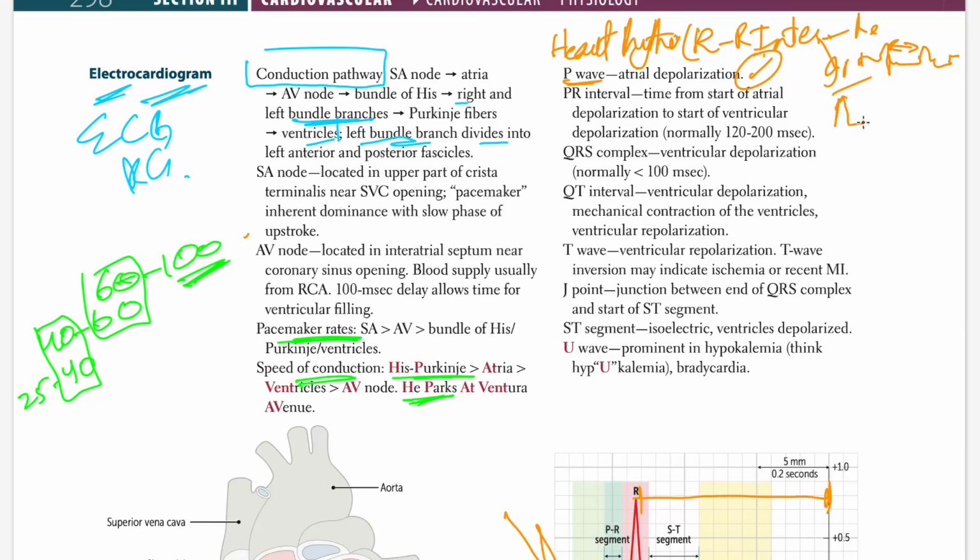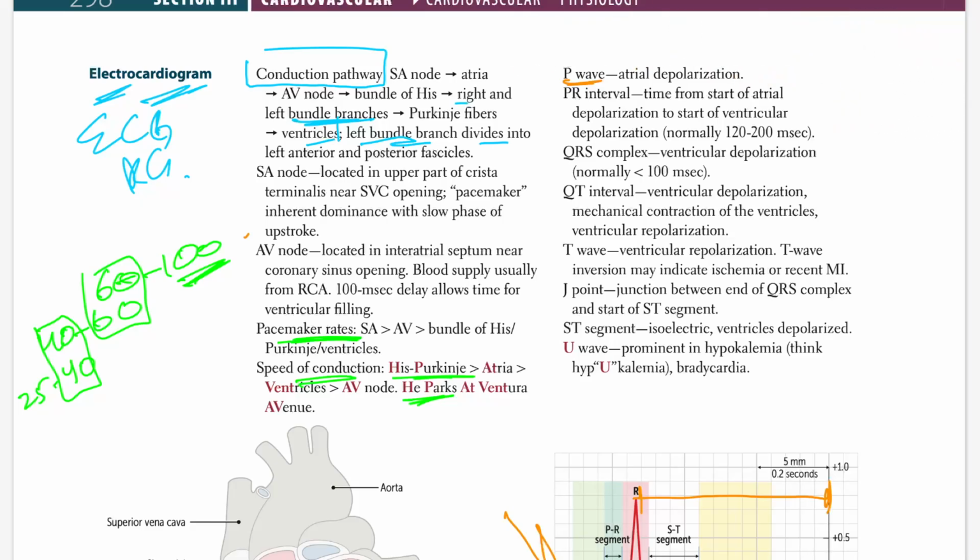Let's say one R is here, the other is here, the other is right away. So it's different, and that's the heart rhythm. Heart rhythm tells us about the RR interval, in which case we call it regular or irregular.